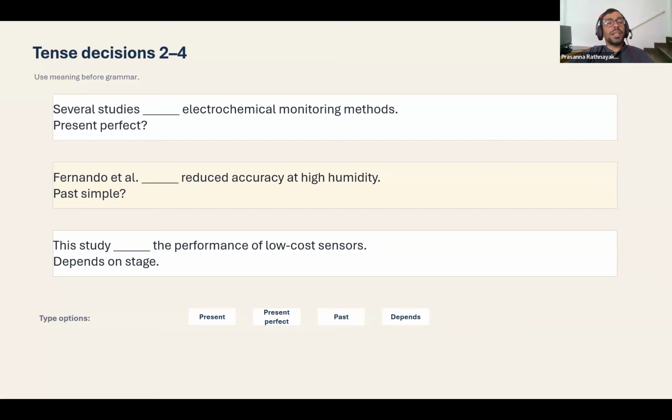But now it is your time to give me the answer for the second sentence. Fernando et al. reduce accuracy at high humidity. Is it present, present perfect, past, or depends? Is it past simple? You cannot have two answers, please.